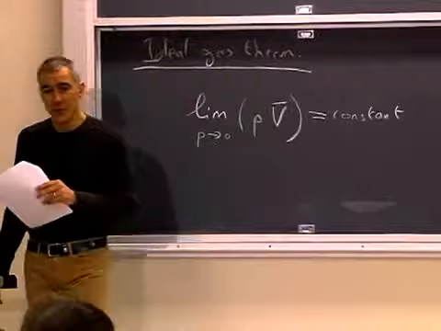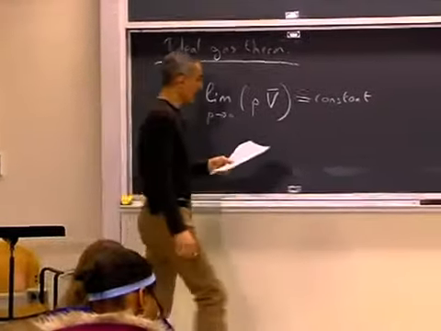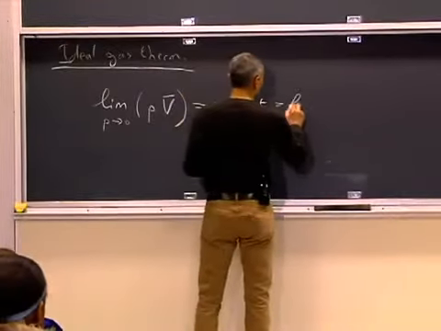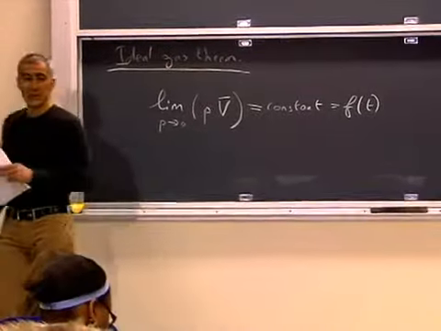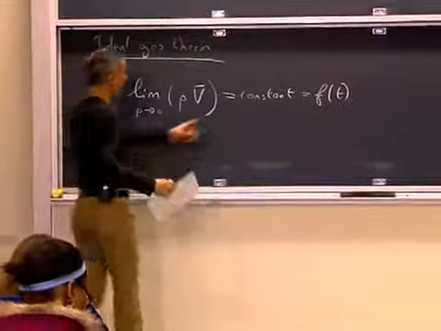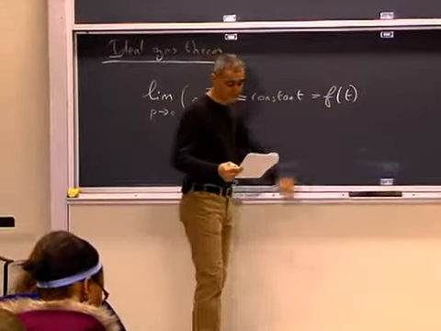It doesn't care what the gas is, you always get the same constant. And that constant turns out to be a function of the temperature. It doesn't care what the gas is, it only cares what the temperature is.